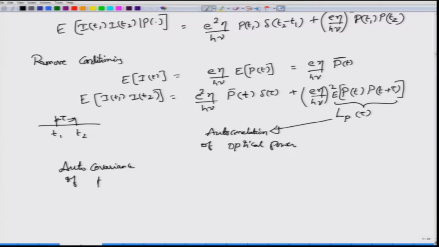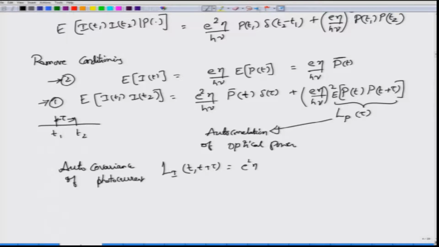The autocovariance of the photocurrent I of t is obtained by subtracting this equation, which let us call 1, and subtracting 2 from 1. If you subtract 2 from 1, what you get here is the autocovariance of the photocurrent, which we can write as Li of t comma t plus tau, which is the t1 and t2 terms.